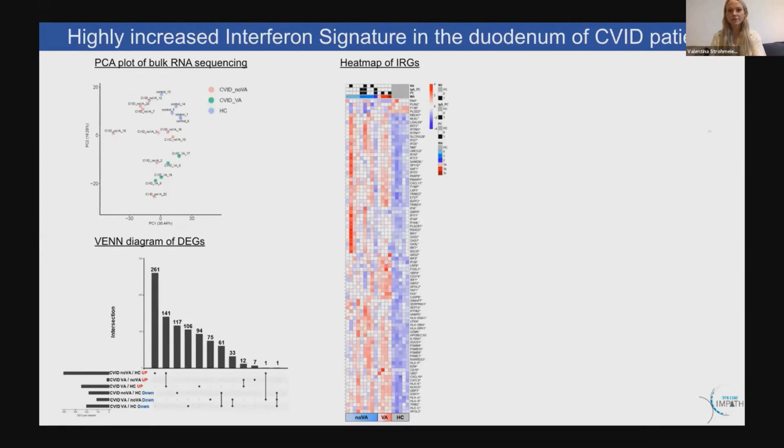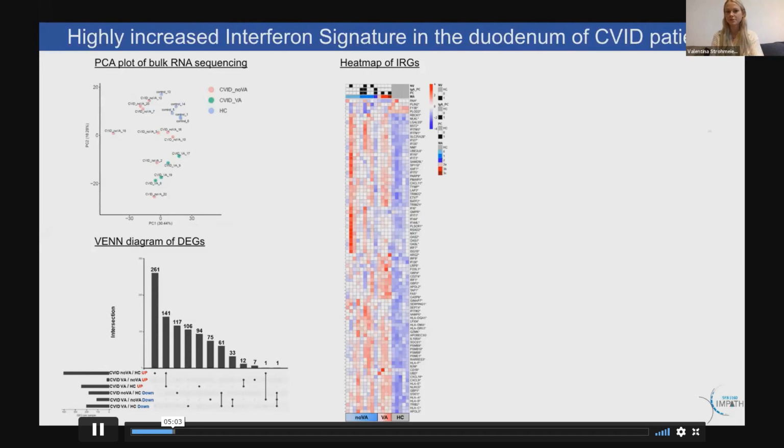On the top part of the figure, you find some information about the tissue donors, such as norovirus infection, the presence of IgA positive plasma cells, and the Marsh scoring, which is a scoring used in celiac disease to describe the severity of tissue inflammation and destruction.